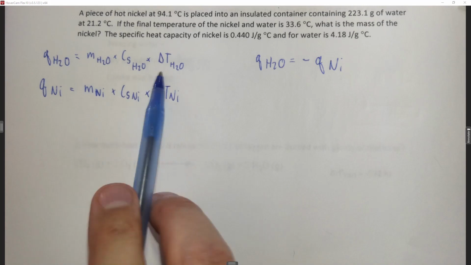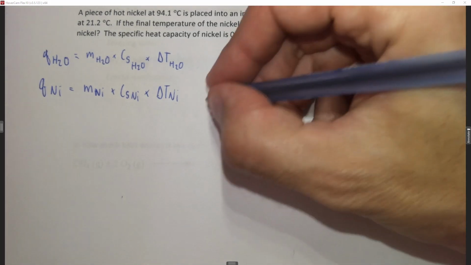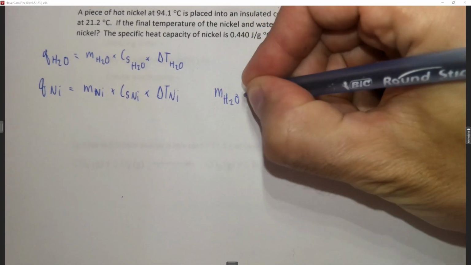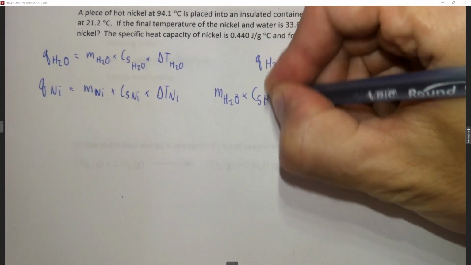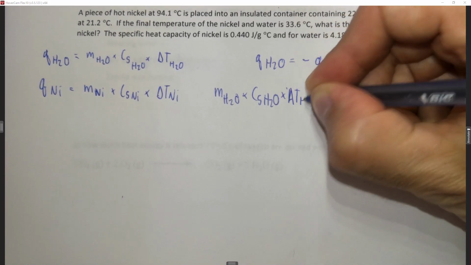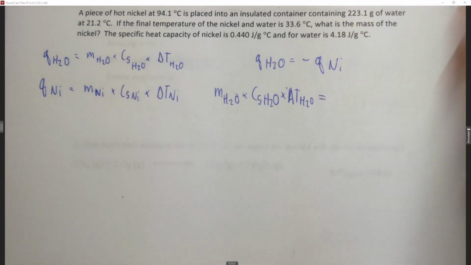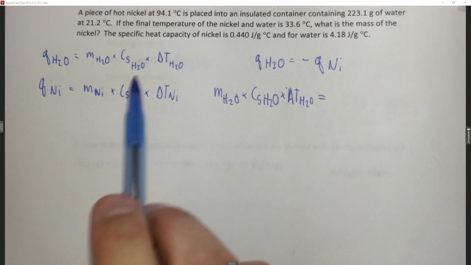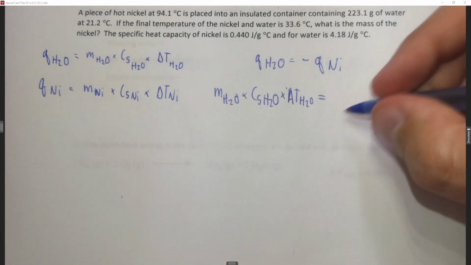So now I can rewrite this equation in a different way, which is get rid of these two things, and m of H2O times c sub s of H2O times delta T of H2O equals this one. If these two things are equal, then these two things are equal.